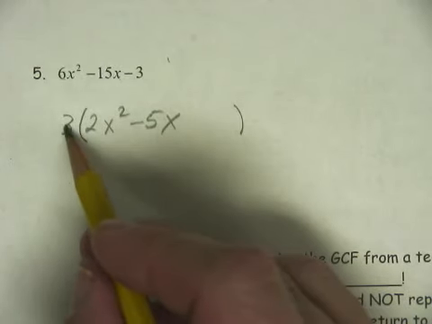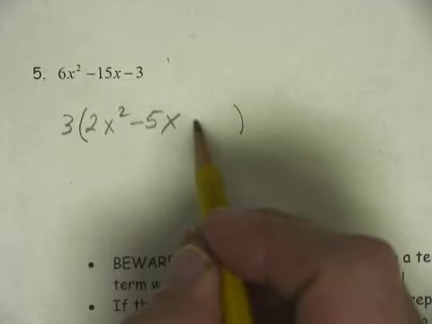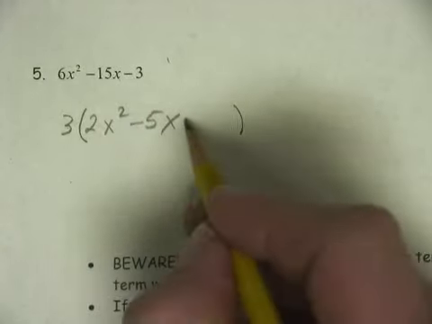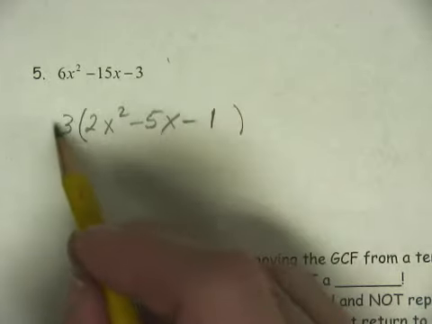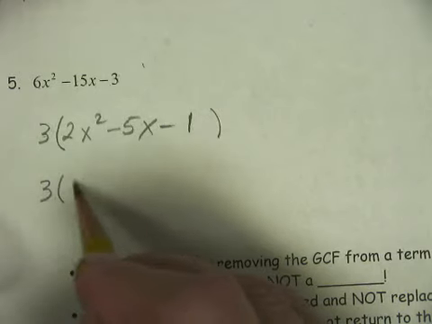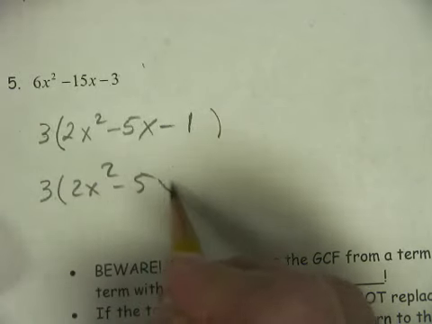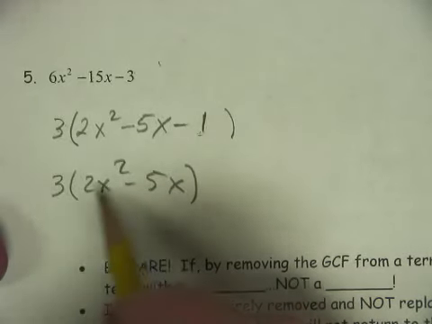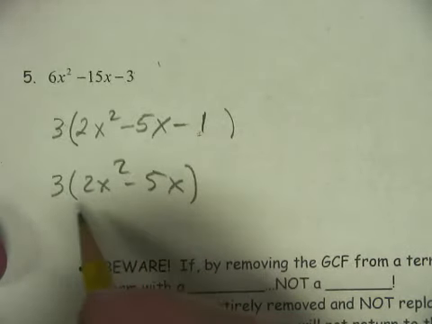And then the last one, 3 times what? What do you do here? What's left? Well, in this case, it's going to be a 1. I have to put a 1 there. So 3 times 1 is 3. If I left it like this, and I didn't leave this guy, when I factor back, when I distribute back through, I won't get my original answer.